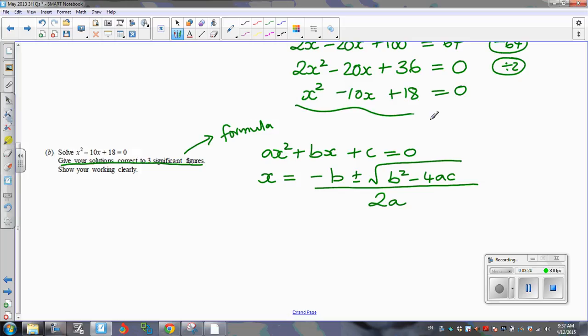So if I look at my equation up here, I can see that a is the number of x squareds, well, that's just 1. b is the number of x's, in this case minus 10, and c is the number that sits on its own, and that's 18.